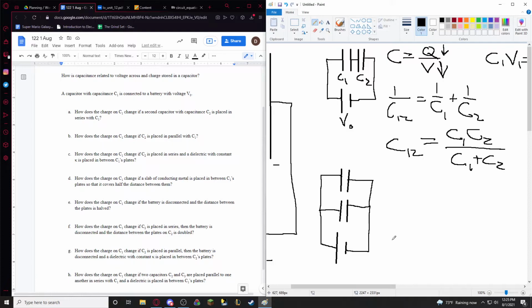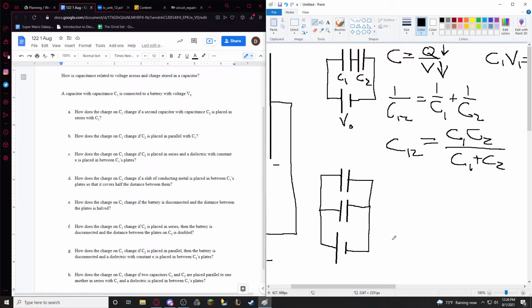Actually, does it decrease at all? That's the one thing I'm trying to figure out. Does the voltage perhaps increase, or does it not do anything at all?